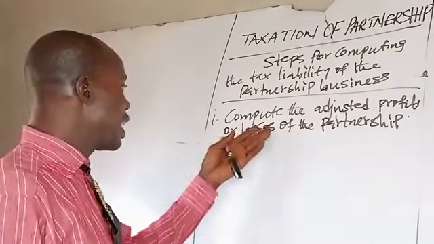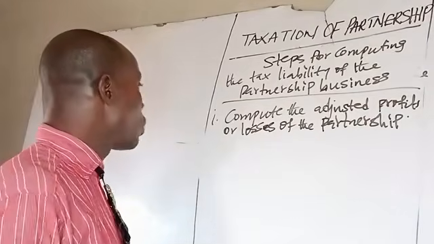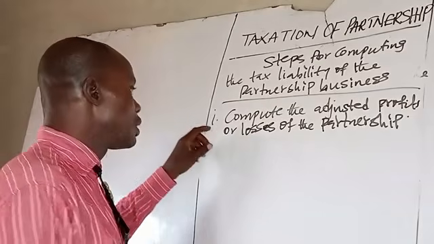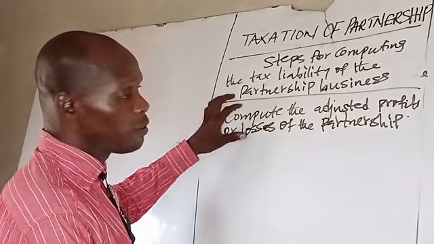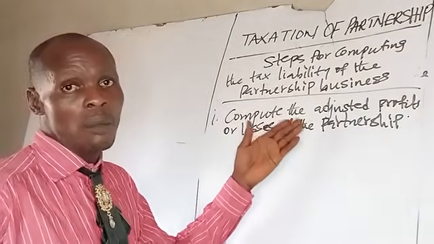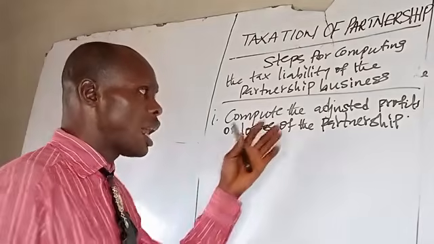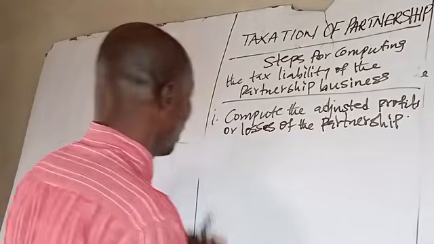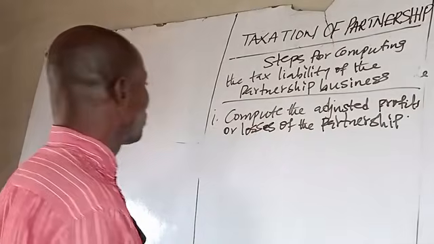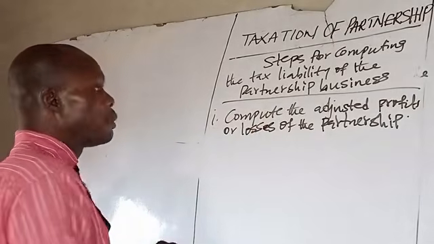So, for better understanding, I will advise you watch my earlier presentation on computation of adjusted profit of a company. You'll be able to know more about the allowable expenses and non-allowable expenses. Or you watch my presentation on company income tax, adjusted profit. So, you compute the adjusted profit.